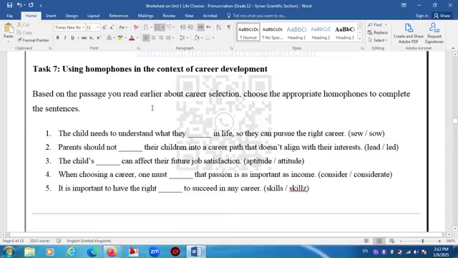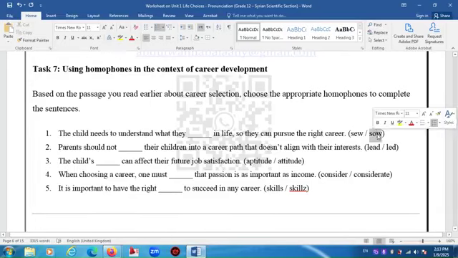Now, using the homophones in the context of career development, in these sentences we have to put what? The correct word. "The child needs to understand what they want in life so they can pursue the right career."